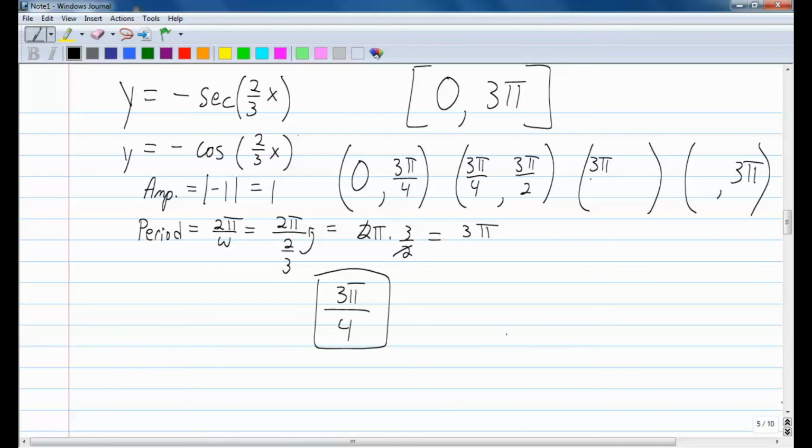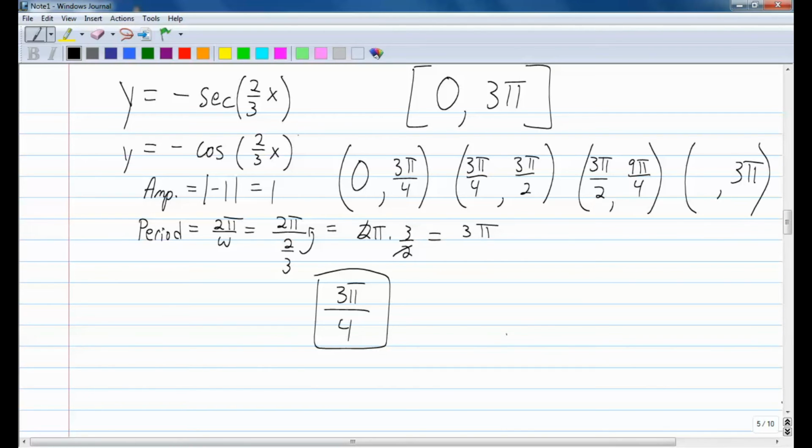The next subinterval starts at 3 pi over 2. We add 3 pi over 4 to that again. Recall that was 6 pi over 4 before we simplified. So 6 pi over 4 plus 3 pi over 4 is 9 pi over 4.